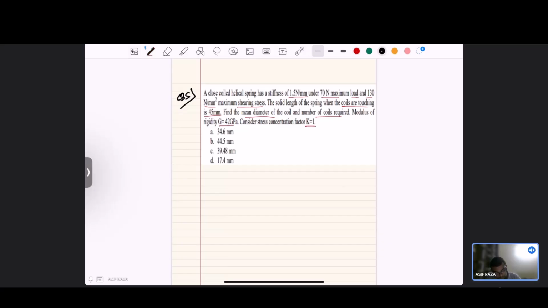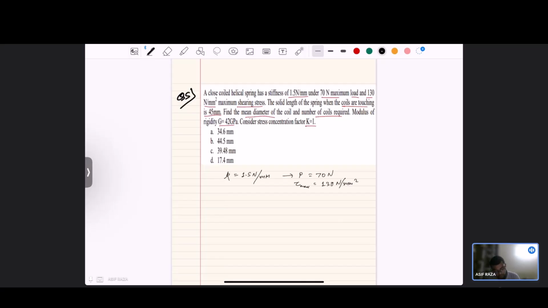Okay, so it's a lengthy question. We are given the stiffness value as 1.5 Newton per mm under P equal to 70 Newton and tau max 130 Newton per mm square.